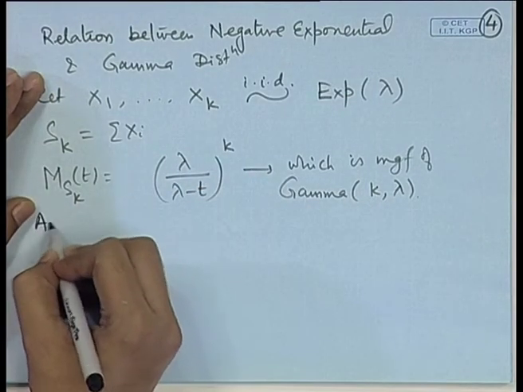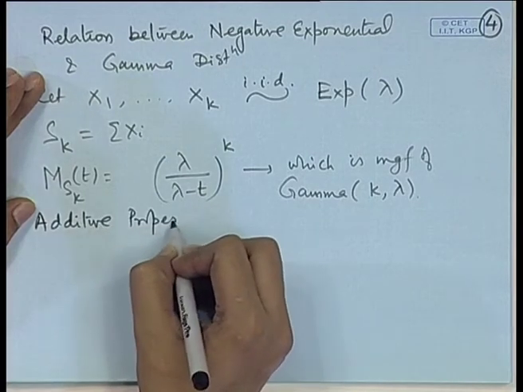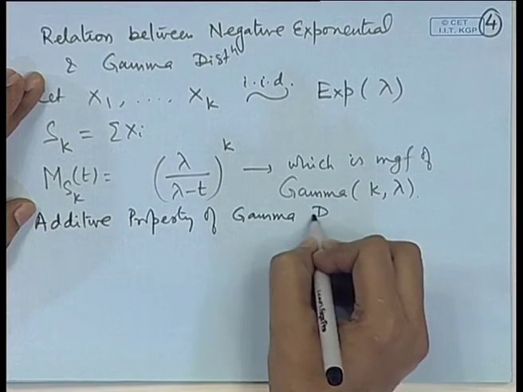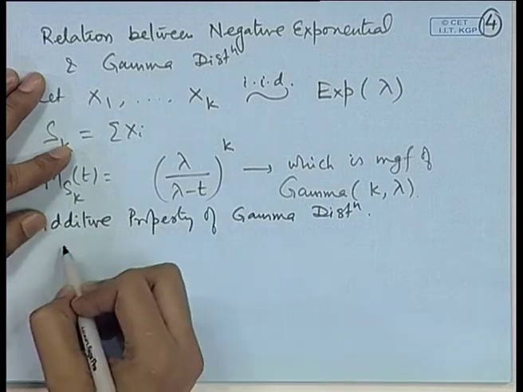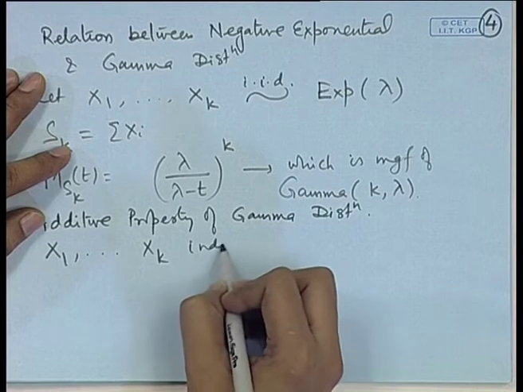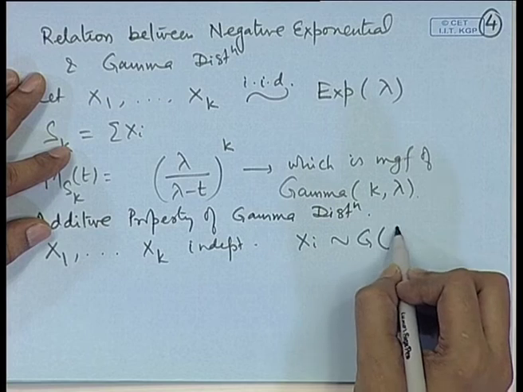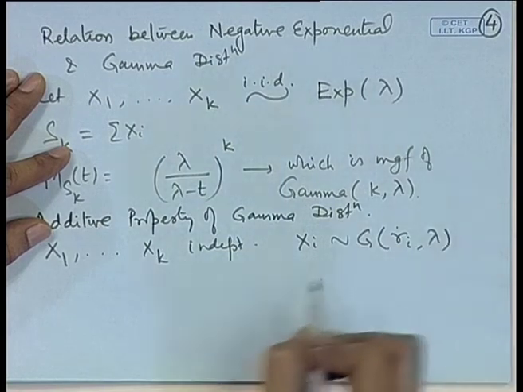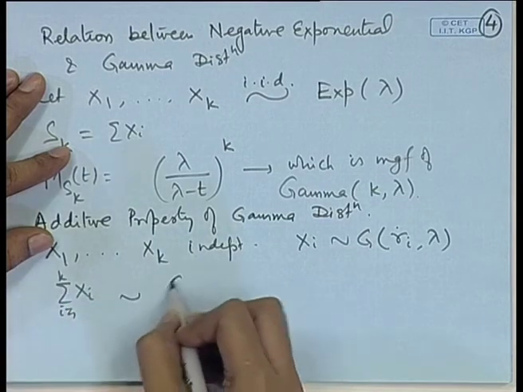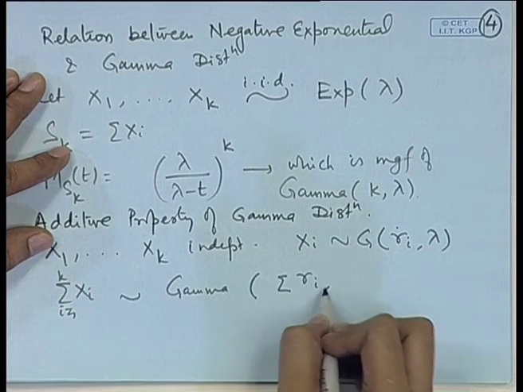Likewise, we can prove the additive property of gamma distributions also. Once again, here we can consider say X1, X2, ..., Xk independent and Xi follows gamma ri, lambda, then sigma Xi, i is equal to 1 to k, will follow gamma with parameter sigma ri, lambda.